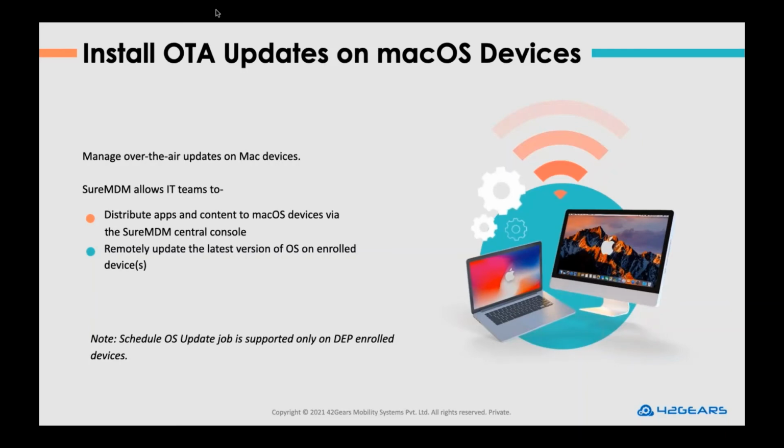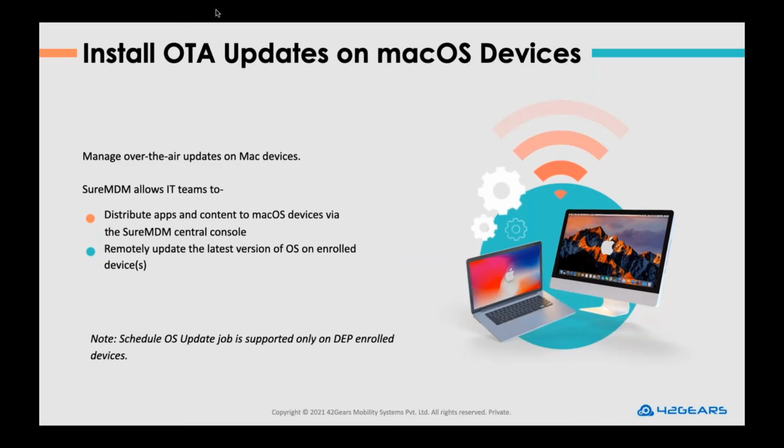Moving on, let's discuss pushing operating system updates on macOS devices. The SureMDM macOS profile offers IT admins an option to manage and schedule operating system updates over the air on Mac devices.